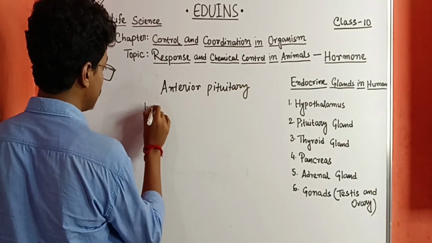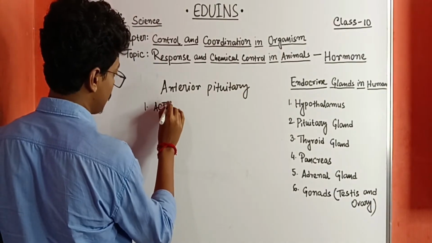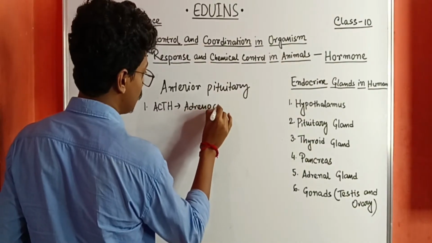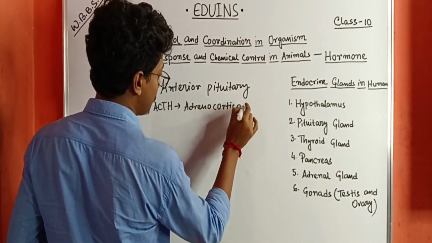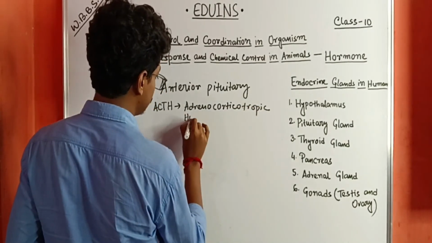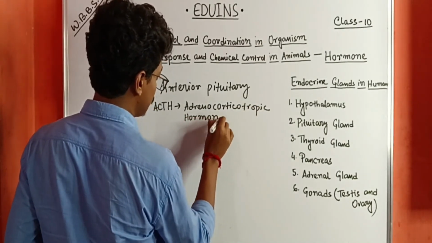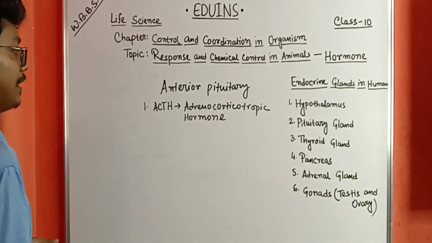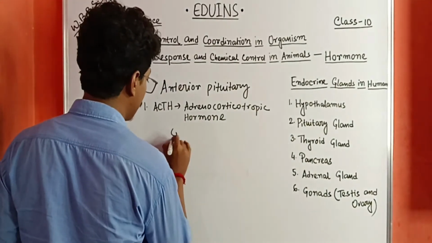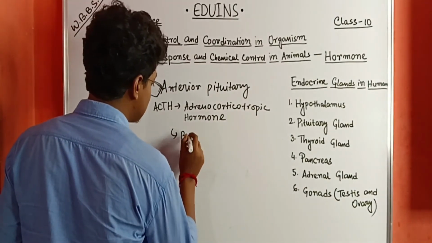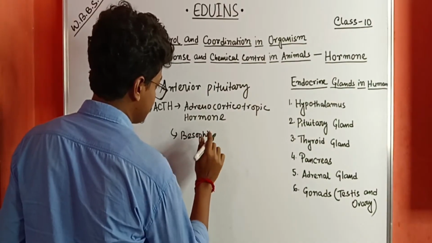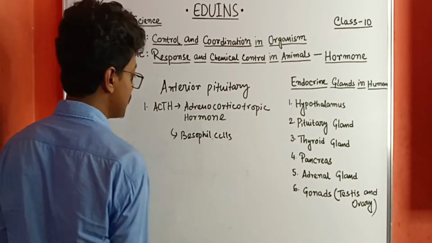Number 1, ACTH, adrenocorticotropic hormone, which is secreted from the basophil cells.